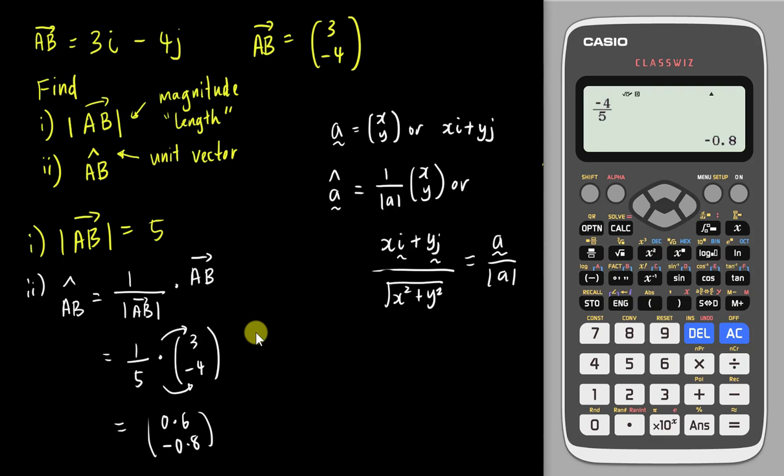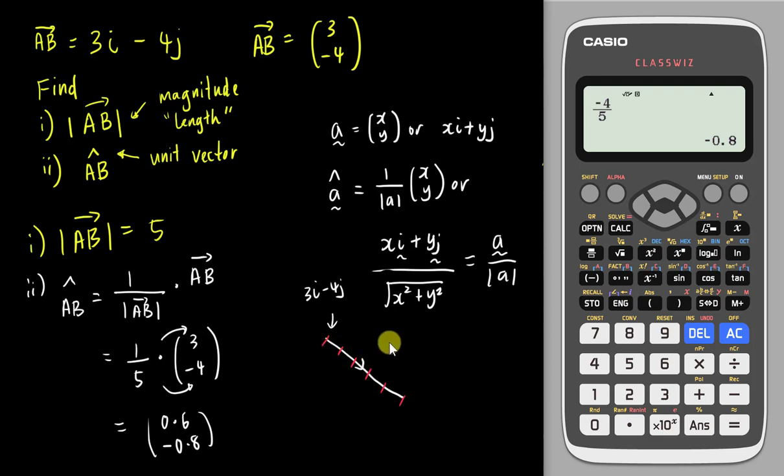If you ask me what the meaning of unit vector is, it's kind of like this. Let's say this vector itself is 3i minus 4j. Because the length is 5, I can divide this vector into 5 different parts: 1, 2, 3, 4, 5.